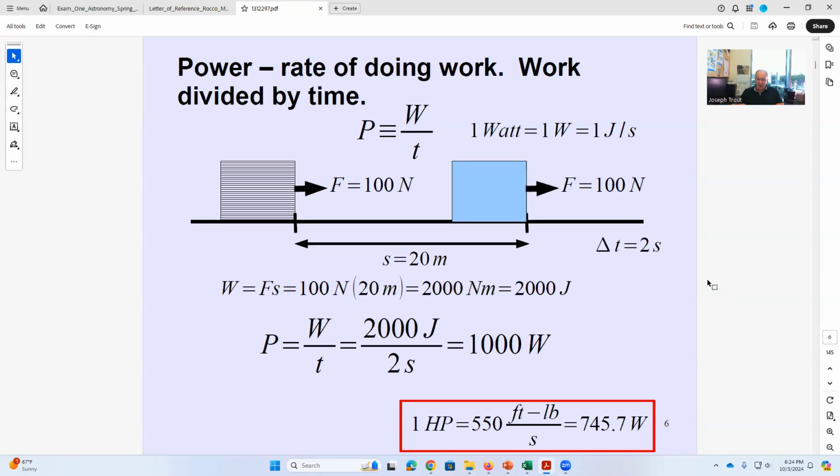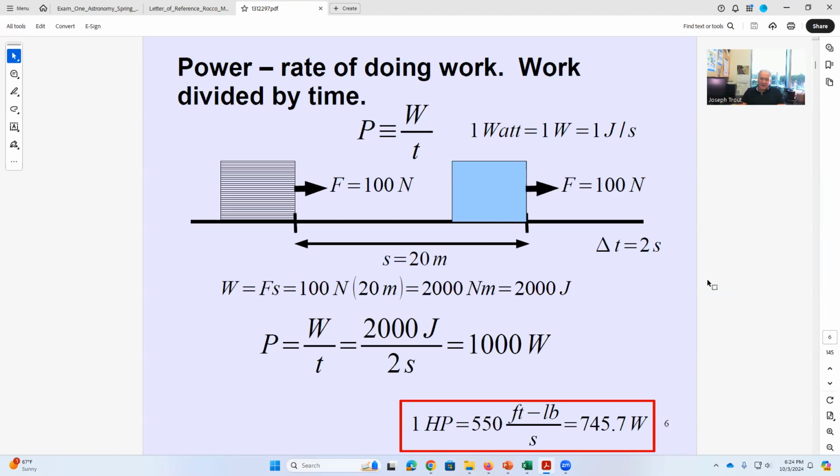Power is the rate of doing work. So power is the work divided by time. For example, if we applied 100 newtons for 20 meters, and it took us 2 seconds to get there, then we find that our work is 100 newtons times 20 meters, or 2,000 joules.